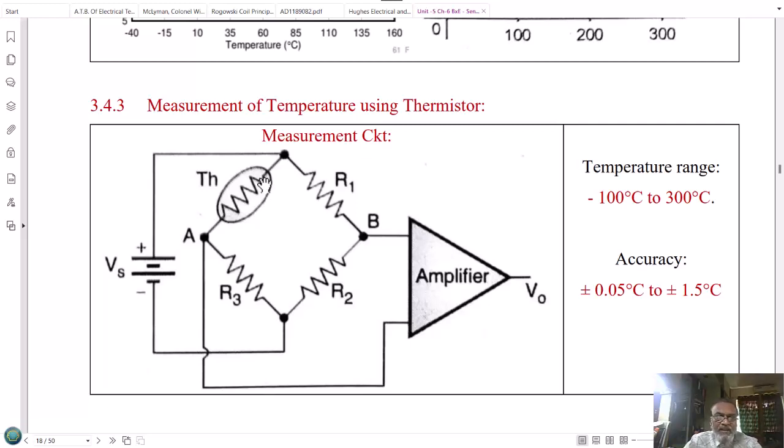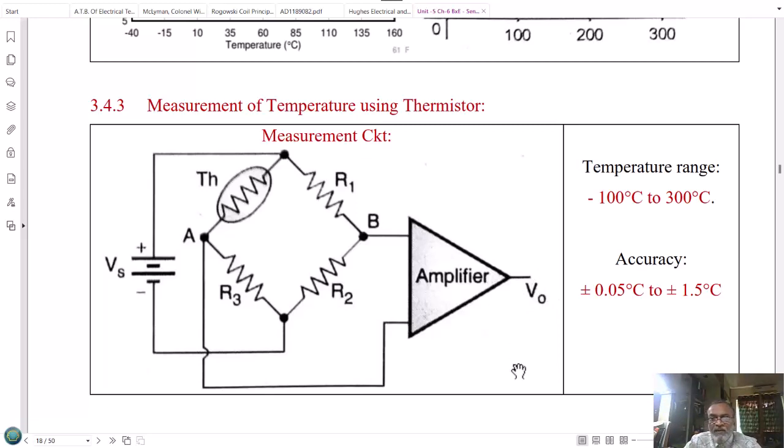When the thermistor resistance value is increasing, the voltage at A will decrease. The reference is the voltage divider theorem. Therefore, when VA decreases, VAB decreases if the resistance of the thermistor is increasing. This VAB will be further amplified by the amplifier, and the output voltage of the amplifier is available for further processing.